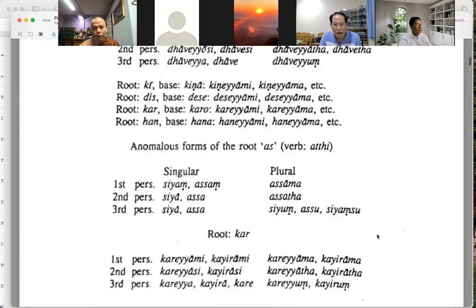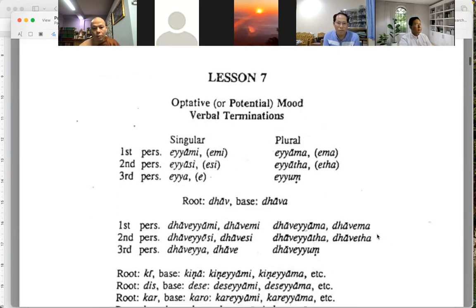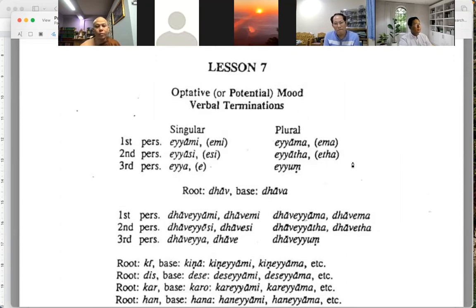Okay, so now those potential mood or optative mood by determination.